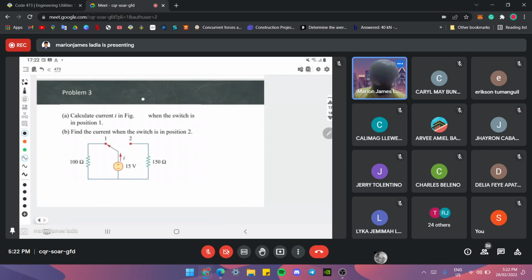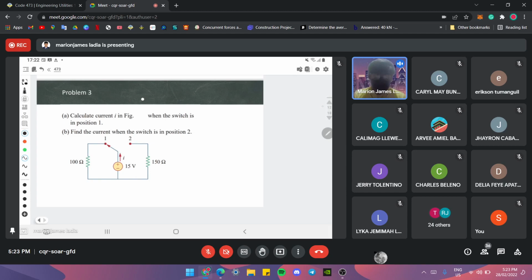Next. Problem number 3. So we have a circuit. Take note that it is composed of passive and active elements. Our passive element, of course, is the one that only absorbs, which is the resistor. Our active element is a voltage source.